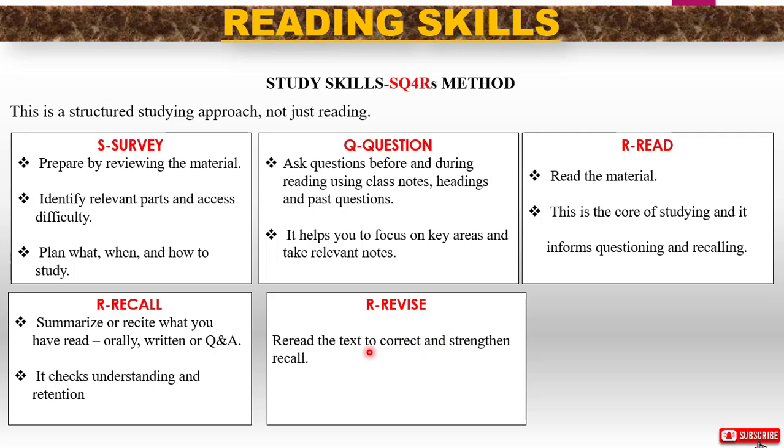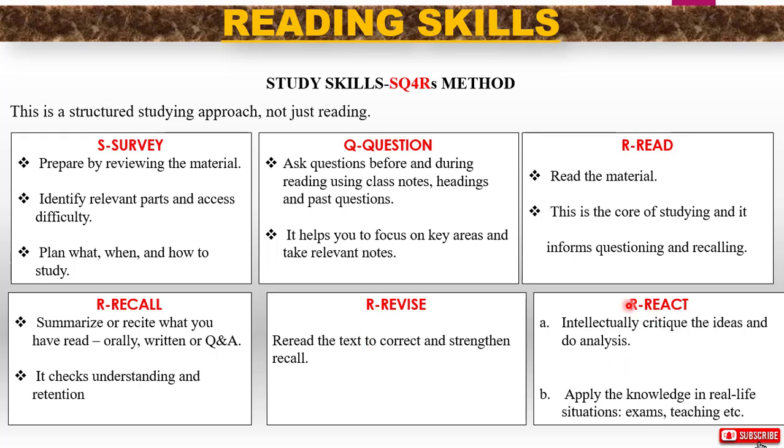What is the last R? This is the reaction. So you can either intellectually critique the ideas and do analysis of what you have read, or you can do application of what you have read. This is when you apply it in real life situations. So when you answer examination questions, you are reacting to whatever you read. If you teach, you are reacting to whatever you studied.